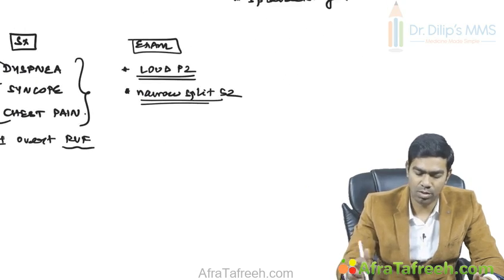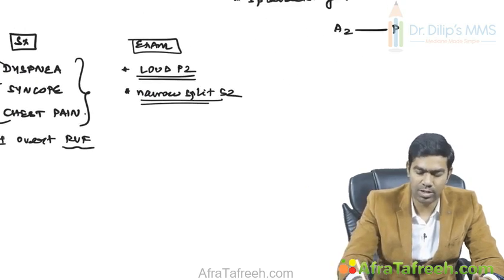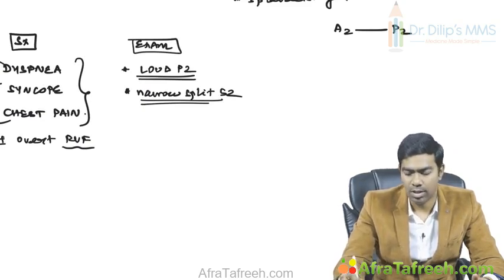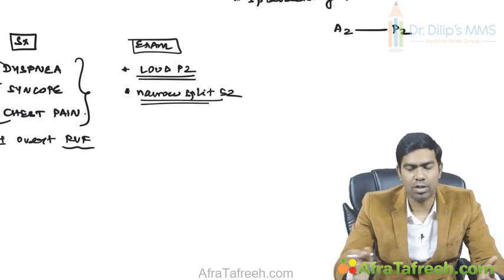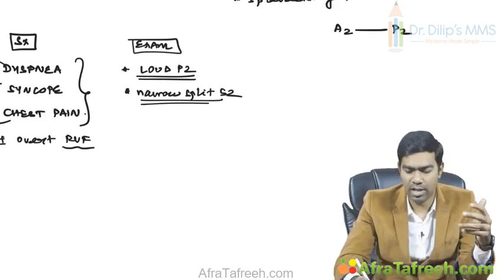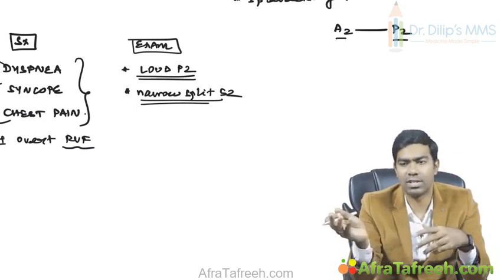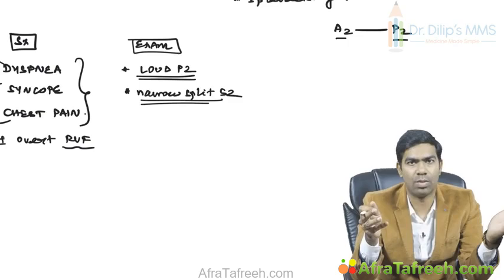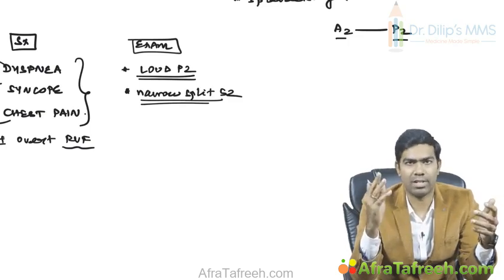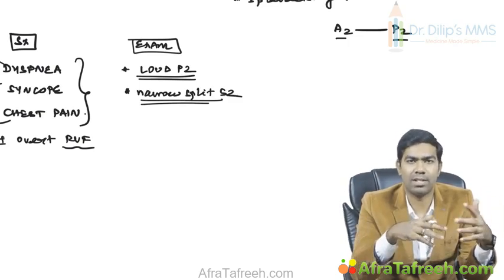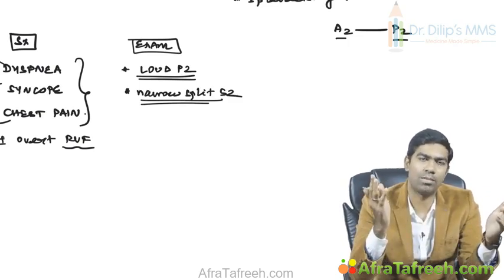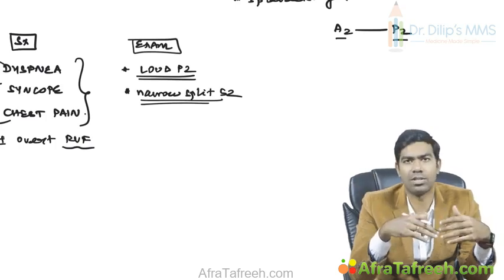That is because you have 2 components in the second heart sound, that is A2 and P2. Because of pulmonary hypertension, the valves tend to close faster. A2 and P2 are split because of differences in the duration of blood flow through the valves. Because the systemic vascular resistance is high, A2 closes faster. Because the pulmonary vascular resistance is low, blood flows through the pulmonary valve for a longer time, so P2 closes later.